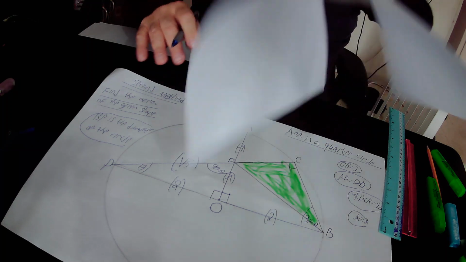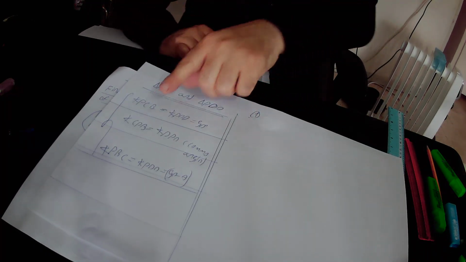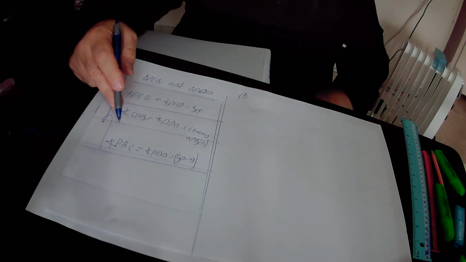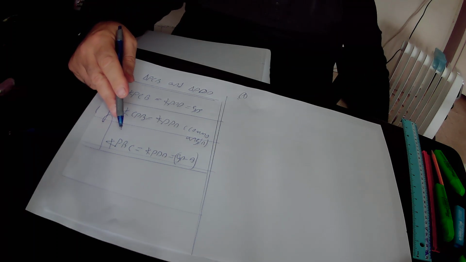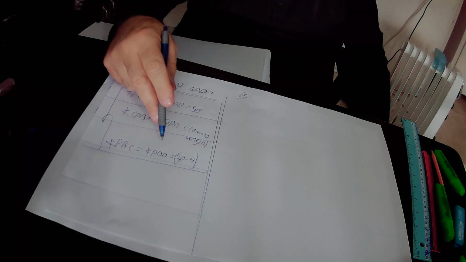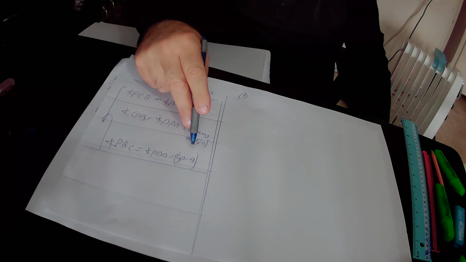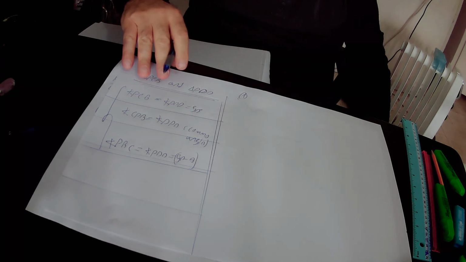Repeat again, after I found out that angle PBC in the big right triangle PCB equals the corresponding angle in the small right triangle PDO, they are both equal to 90 degrees minus theta, therefore they are equal to each other.